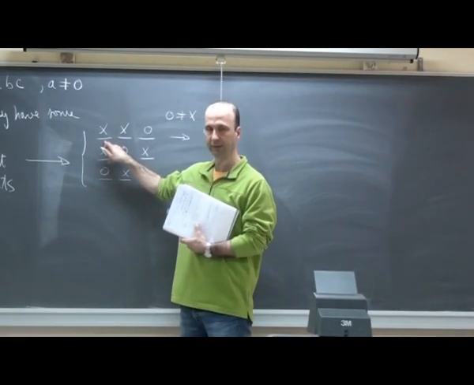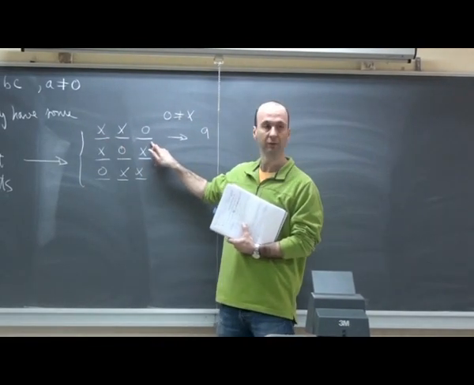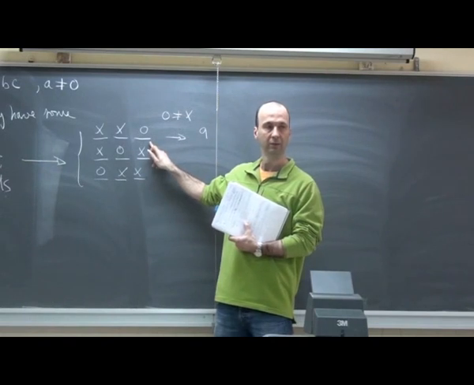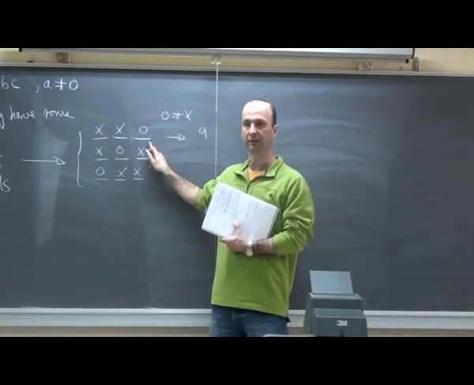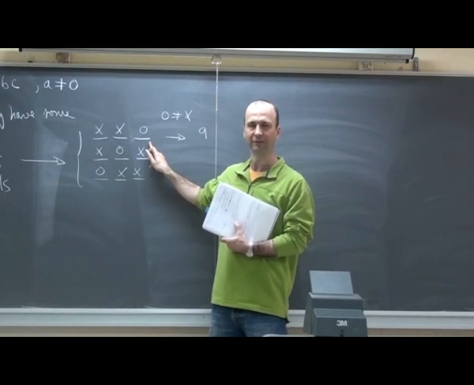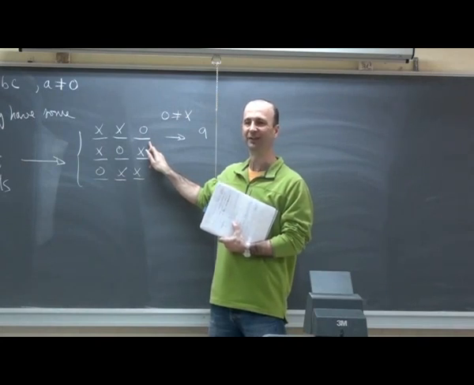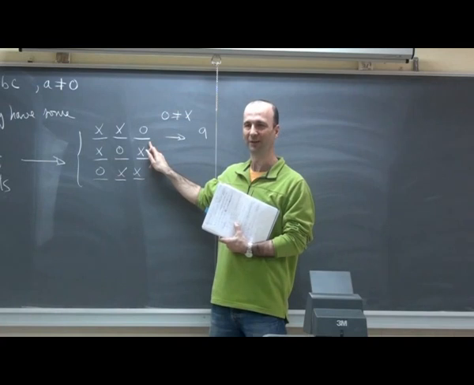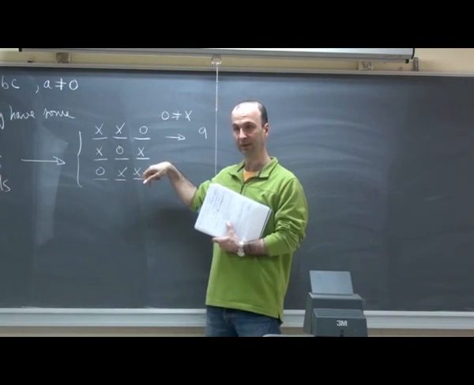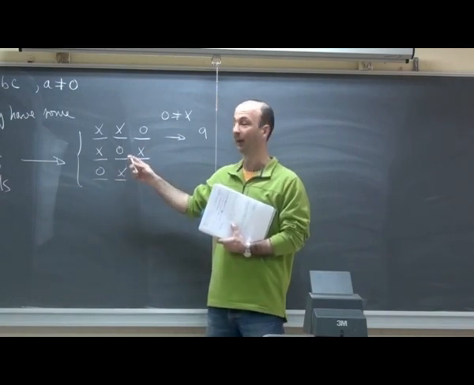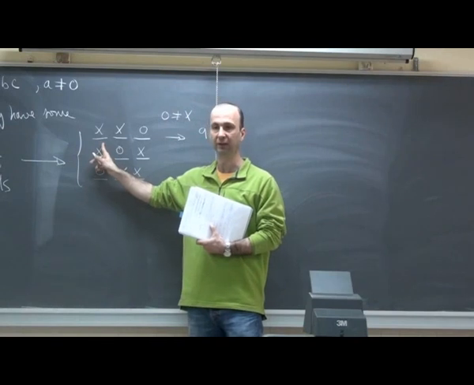So 9 for this x, how many for this symbol? 8, 9 or 8? Who said 8? It's 9. Why? Because now I can use 0, right? So it is not 8, but I cannot use my previous digit here.